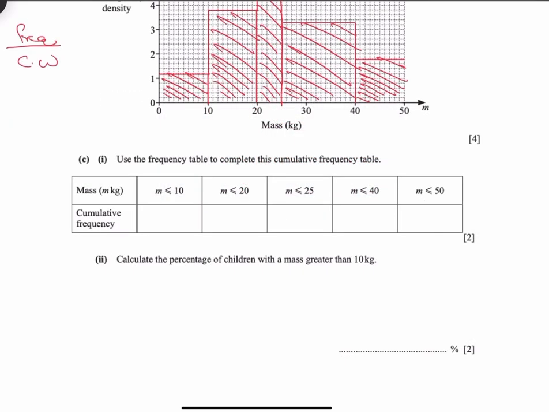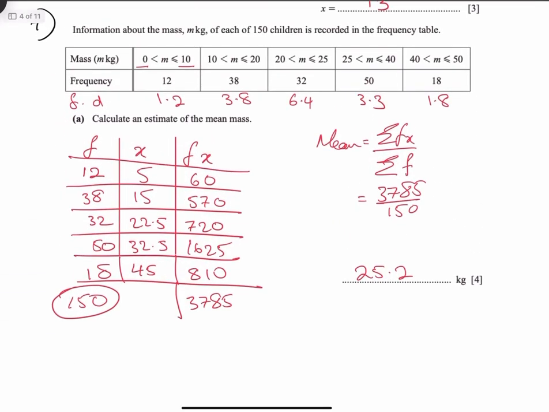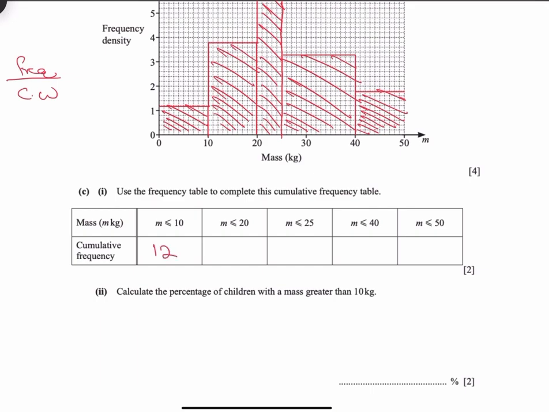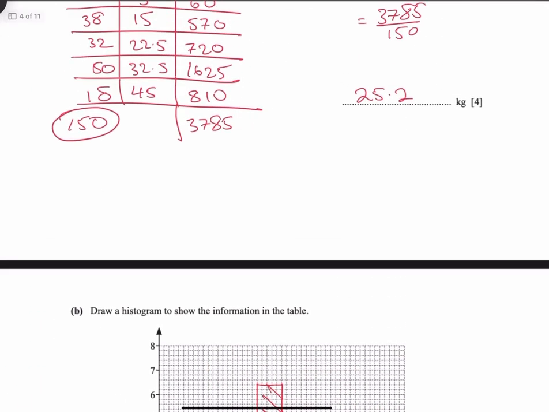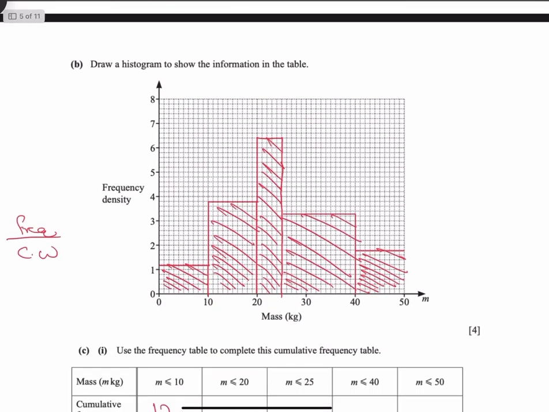Okay, so continuing with question C. So completing the cumulative frequency curve. So less than 10, you go with 12. Less than 20, so you add up the 12 and the 38 to get 50.